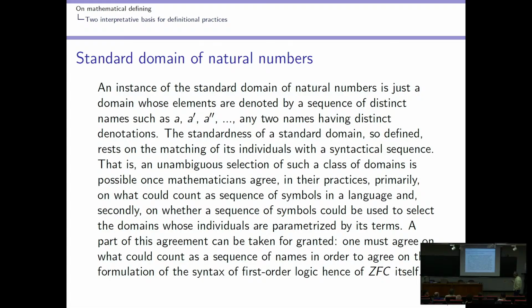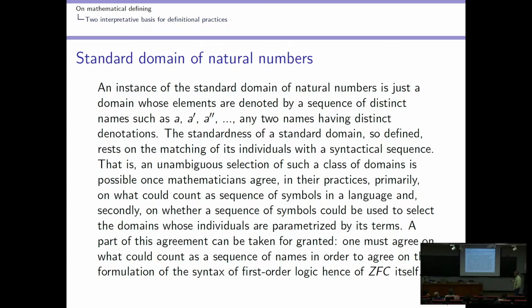The standardness of the standard domain, so defined, rests on the matching of its individuals with the names, the sequence of names. This is to be the standard domain of natural numbers. That is, an unambiguous selection of such a class of domains is possible once mathematicians agree in their practices primarily on what could count as a sequence of symbols in a language.